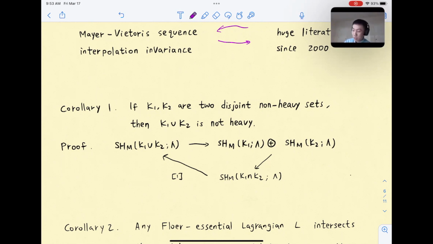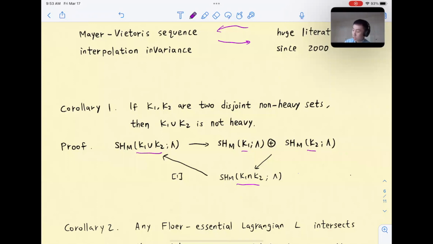Suppose we have K1, K2, and under good conditions, for example, being disjoint is a good condition, we have this Mayer-Vietoris sequence connecting the invariant of K1 union K2, the invariant of K1 direct sum the invariant of K2, and the invariant of their intersection.